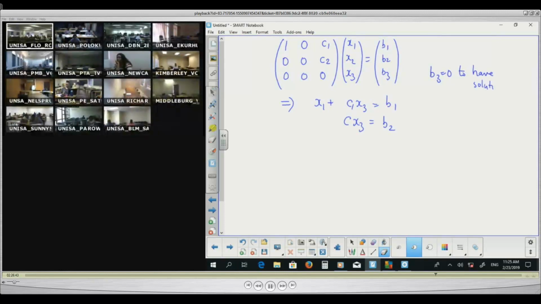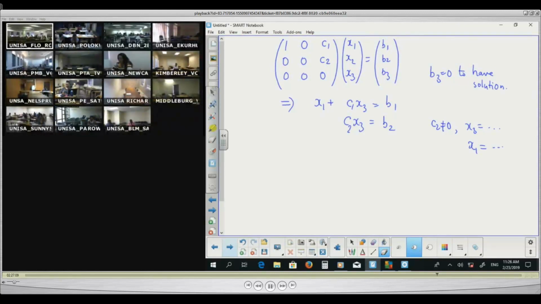This is C2 x3, and then what is the solution? Well, you can immediately see from here, if C2 is non-zero, then you can evaluate x3, and hence you can evaluate x1. And x2, well, okay, let's do it.